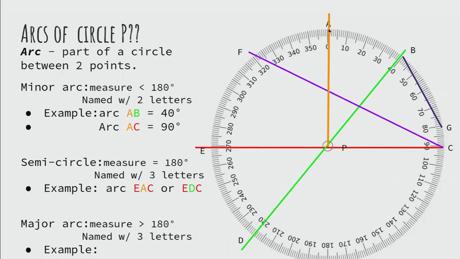The minor arc went from A to B, starting at A, going to the right, stopping at B. So now the major arc will start at A, however, it will go to the left.